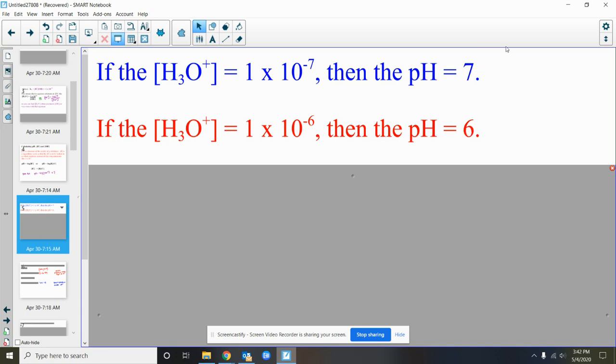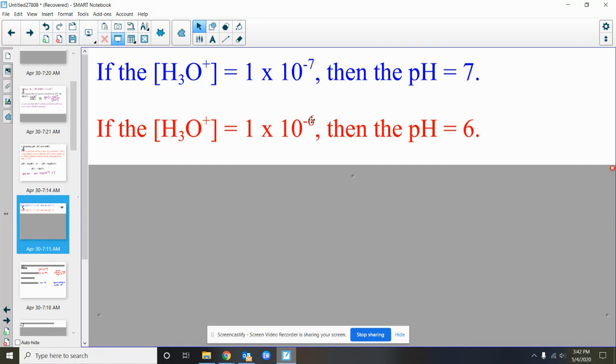Same thing when you're going up for the bases. The higher your number, the farther away you are from 7, the stronger your base. What's kind of nice about when you have 1 times 10 to the negative something, when you plug that into your calculator, it's just a pH of the positive value of this. So 1 times 10 to the negative 7th, the pH is 7.